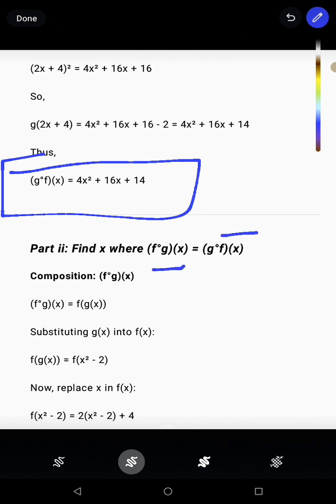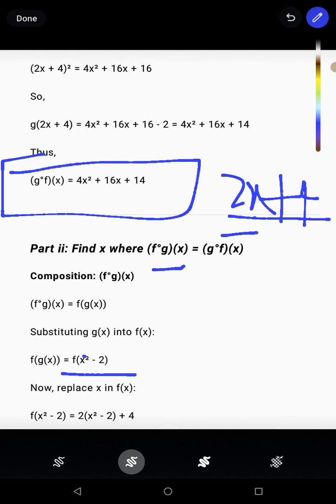F compose g. That will be f housing g of s. And what is g of s? S squared minus 2. But don't forget that f of s itself is 2s plus 4. Now, if f of s is 2s plus 4, you want to find f of s squared minus 2. Where you find s, put s squared minus 2.